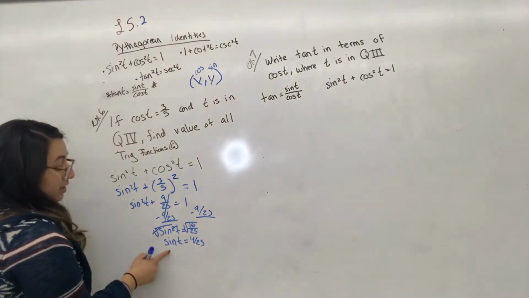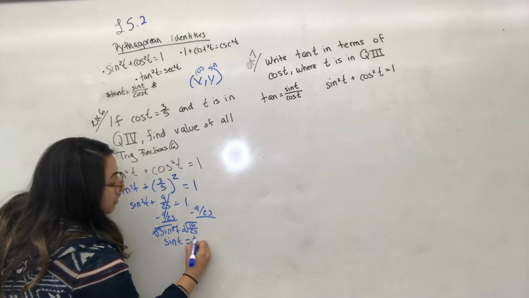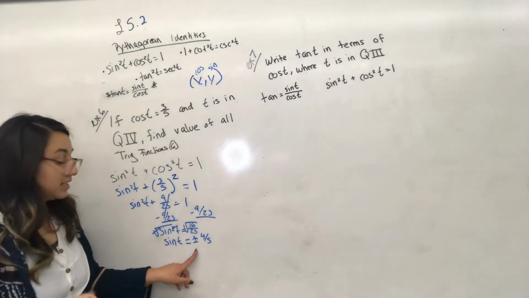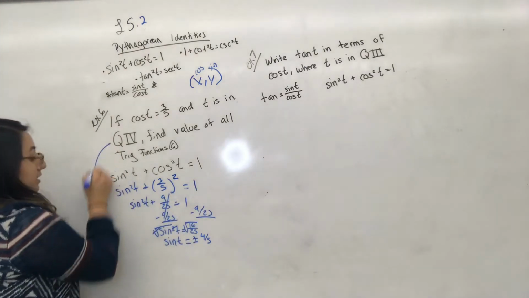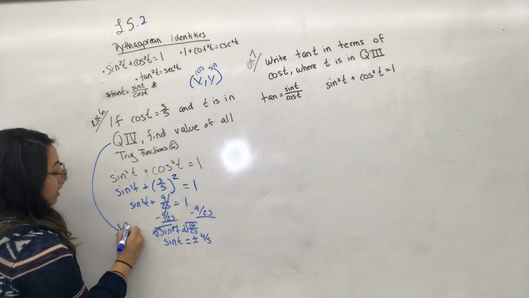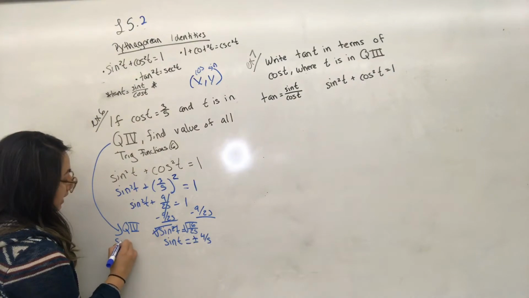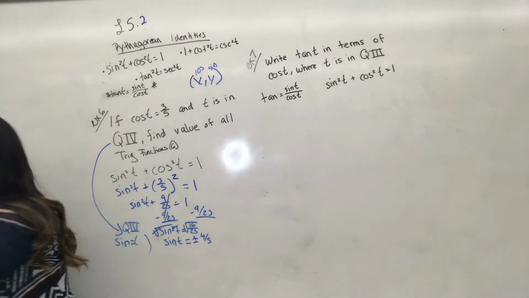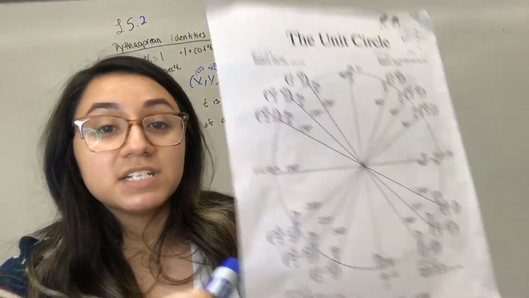So now we have what our sine is. But keep in mind, whenever you square root something, it's plus or minus 4/5. So that means it could be positive, it could be negative. Then the quadrant is where it comes into play. Quadrant 4, we're looking for sine. If we look at quadrant 4 in our unit circle, this is why this is so handy: each of the corners tells us which one is positive and which one is negative.